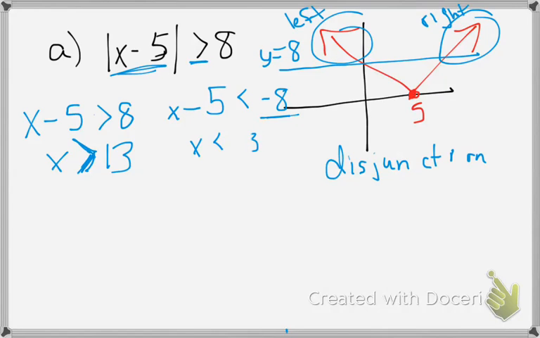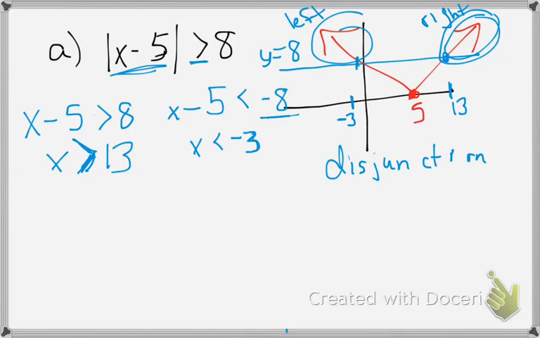So what that is telling me about this graph is right here, negative 3, is right when it hits this line. At positive 13 is the second time when it hits the line.